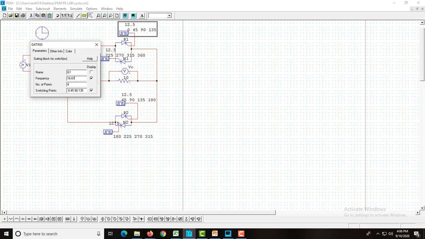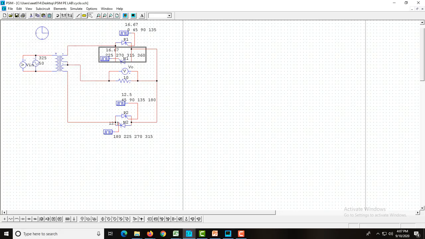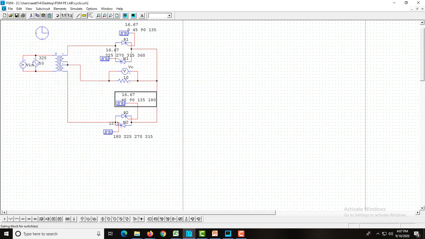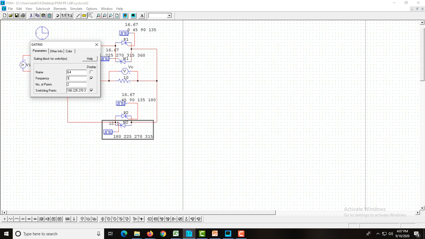So here P1 and N2 will have 4 switching points. P1 will have 4 switching points: 0, 60, and again 120, 180.